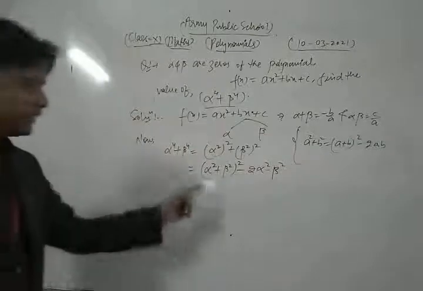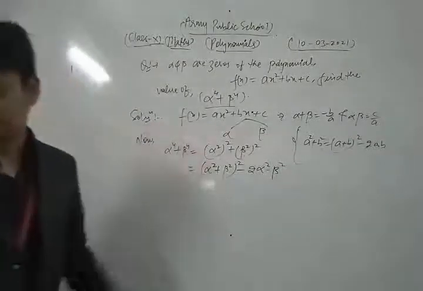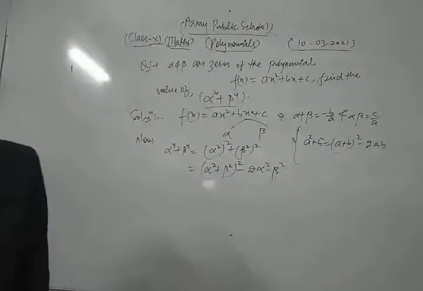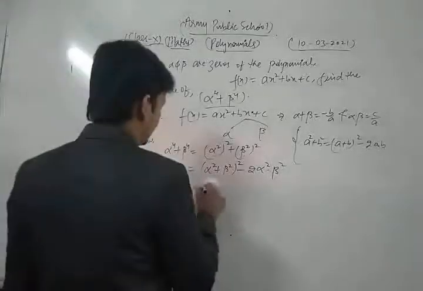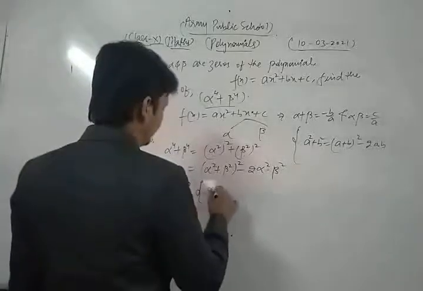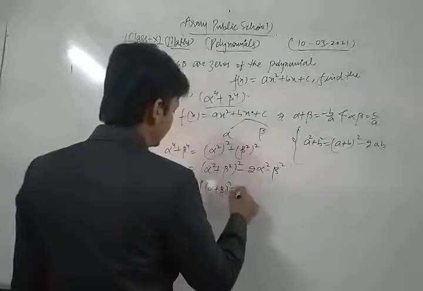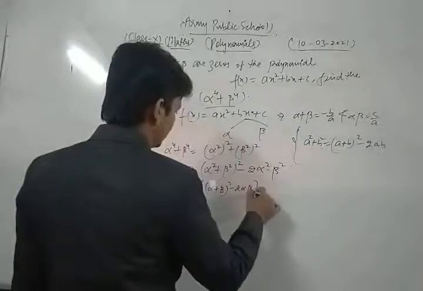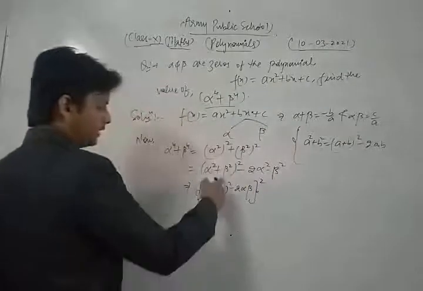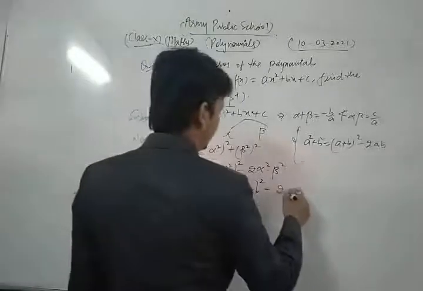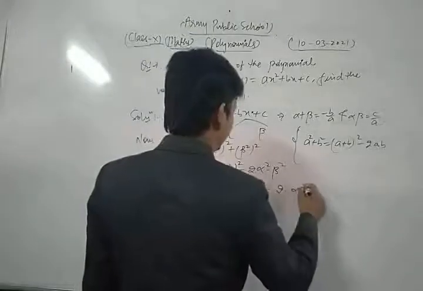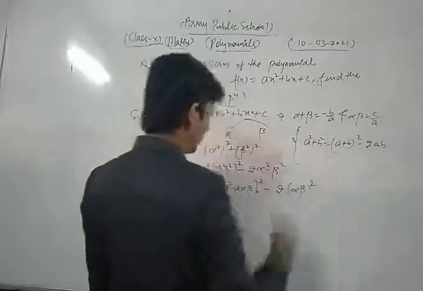Further, alpha square plus beta square we can write as alpha plus beta whole square minus 2 alpha beta, and minus 2 into alpha beta whole square.